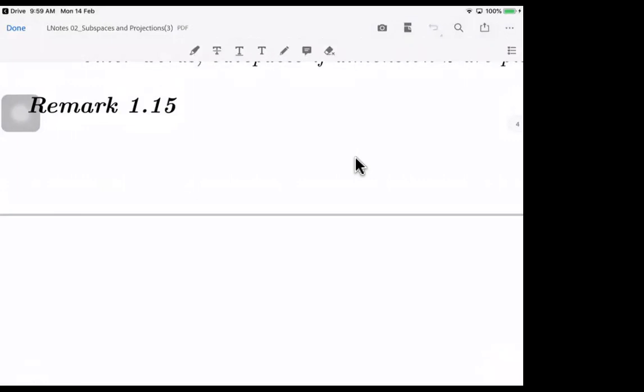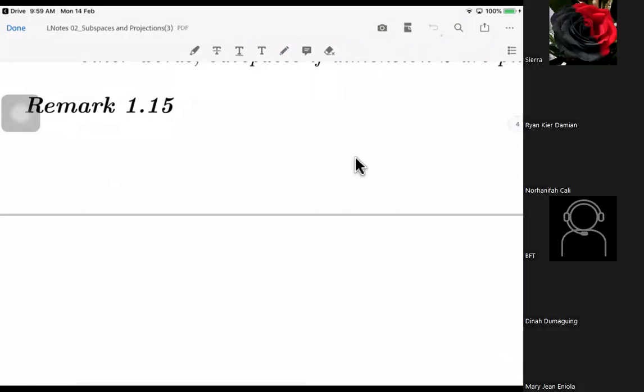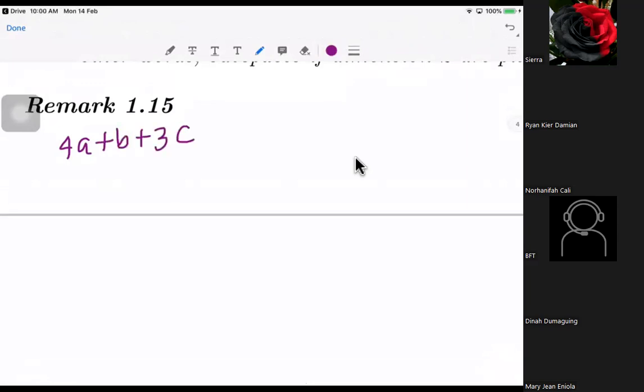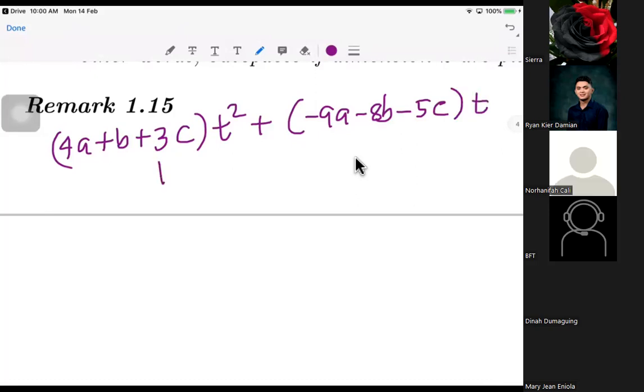Okay, so take those terms. The first is 4A plus B plus 3C, then minus 9A minus 8B minus 5C, then minus 5A plus 2B minus C. We want each equal to 0.